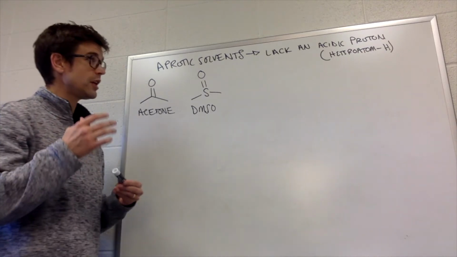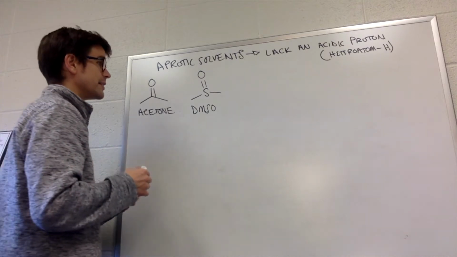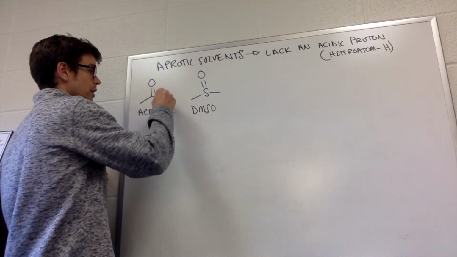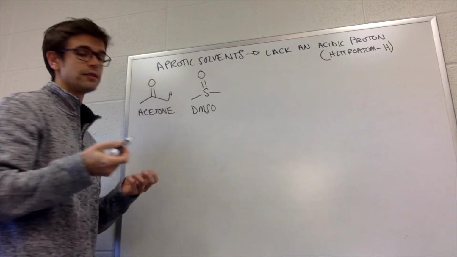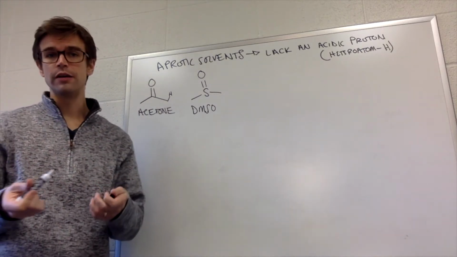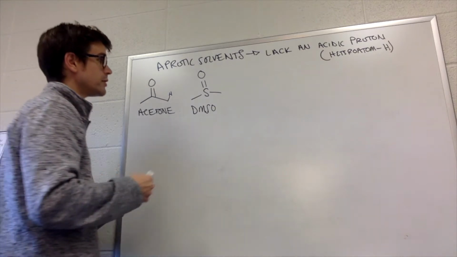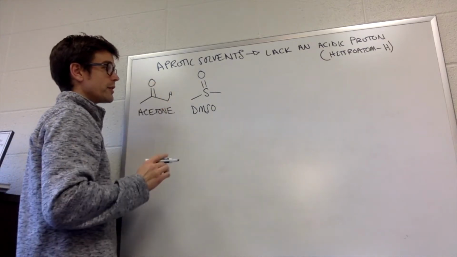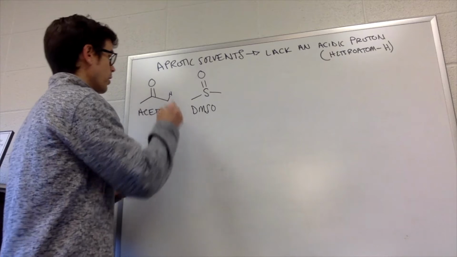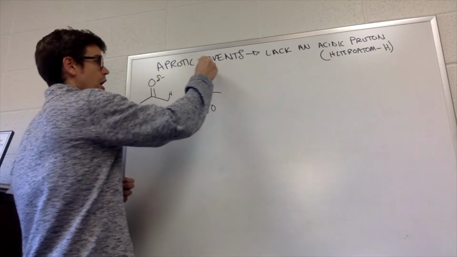So these are aprotic because they lack any acidic protons. The protons off of here are CH bonds, and really the OH bonds, the NH bonds would be more acidic than most CH bonds. So aprotic solvents have a lot of partial negative charge on an atom.